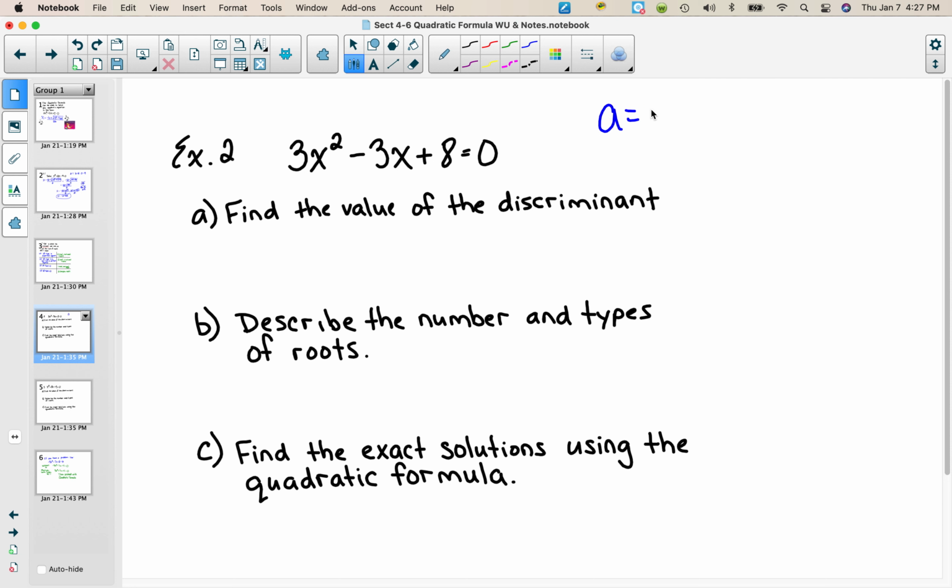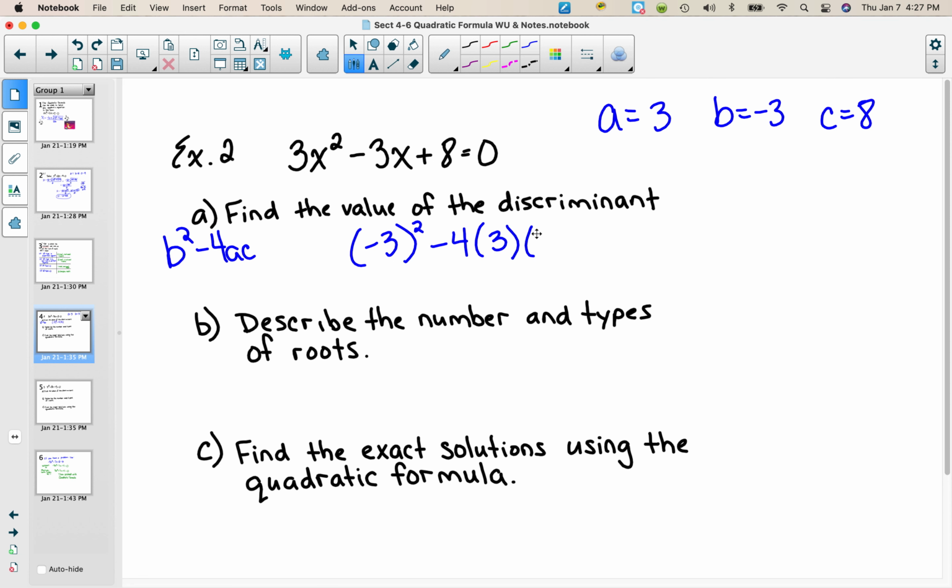So notice a is 3, b is negative 3, c is 8. So the discriminant is just b squared minus 4ac. So we get negative 3 squared, parentheses are important there, minus 4 times 3 times 8. Because if you plug this in your calculator and you forget parentheses, it's going to tell you negative 9.